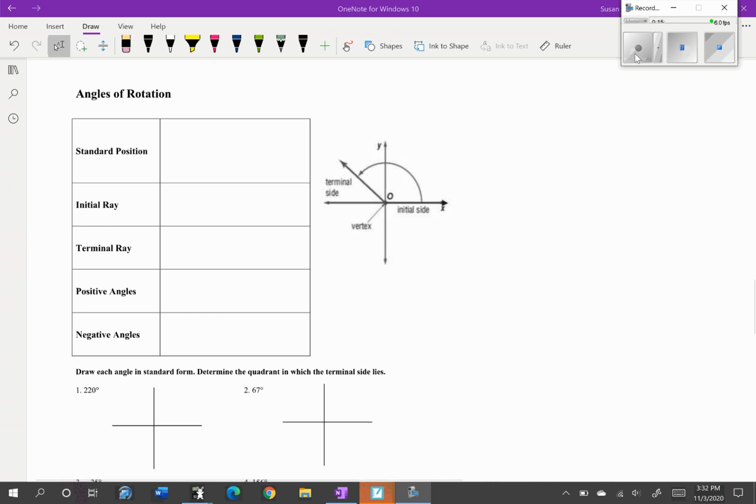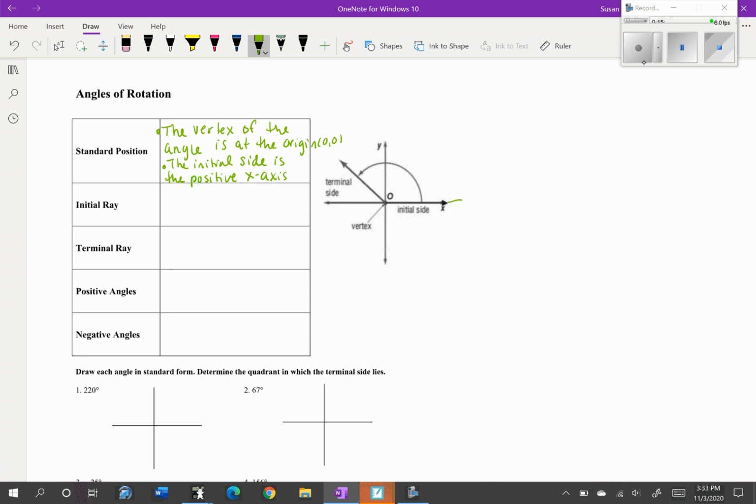So standard position for an angle of rotation: the vertex of the angle is at the origin, 0, 0, and the initial side is the positive x-axis.